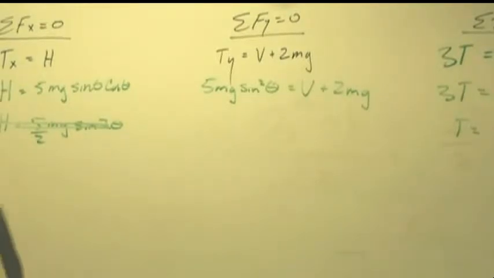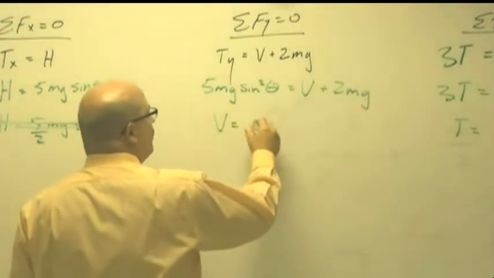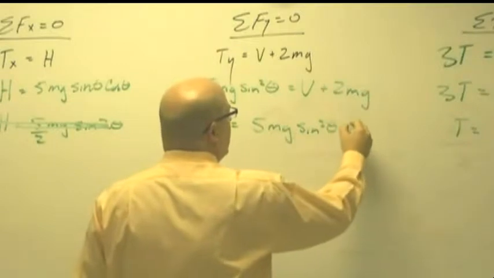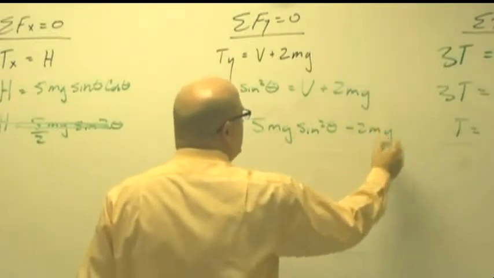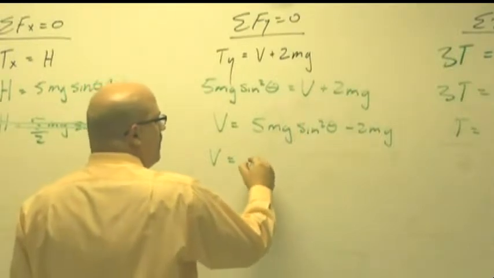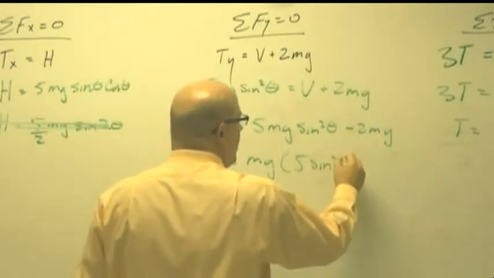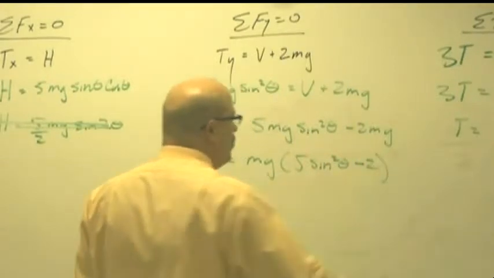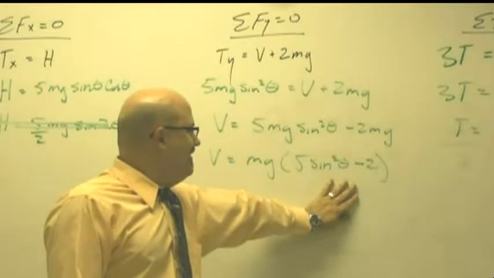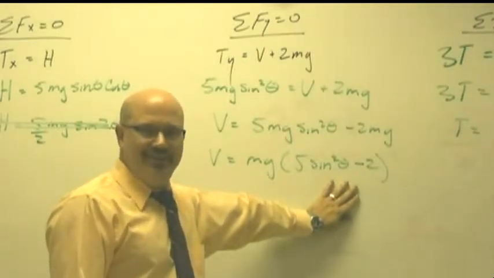And so v equals 5 mg sine squared theta minus 2 mg, or v equals mg times 5 sine squared theta minus 2.